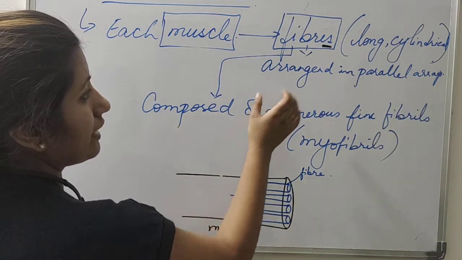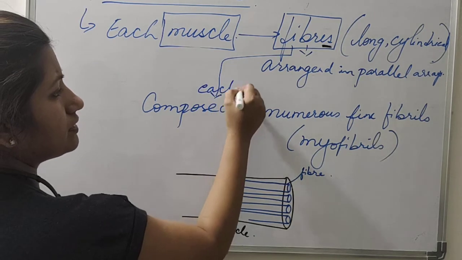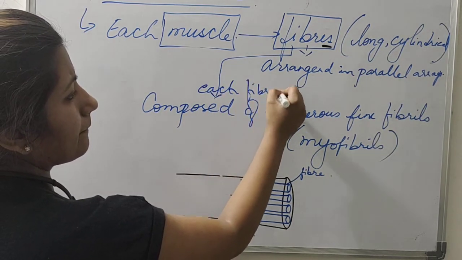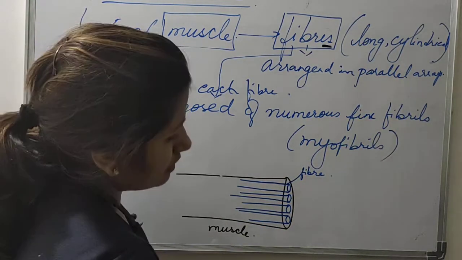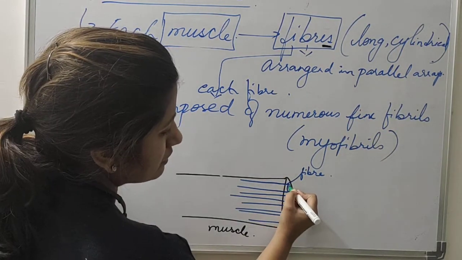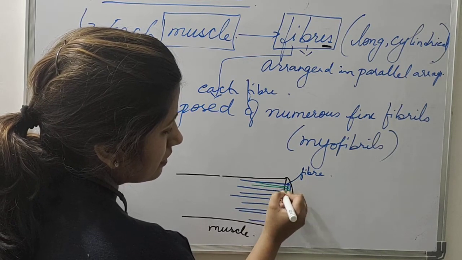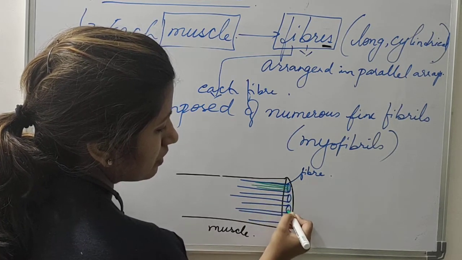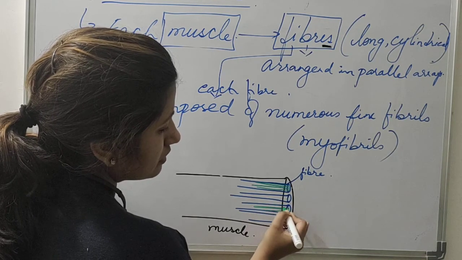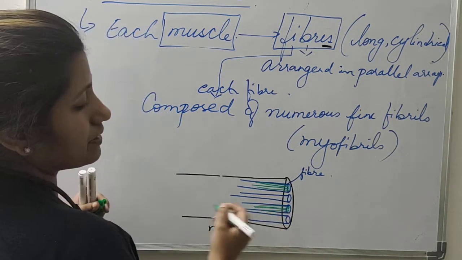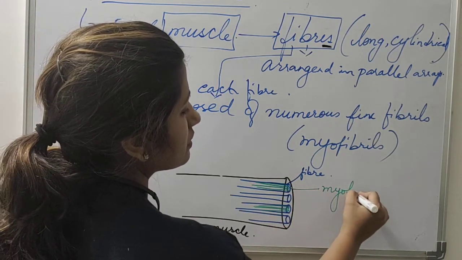And each fiber is composed of numerous fine fibrils. Inside each fiber there are thin fibrils. So what are these thin fibrils known as? Myofibrils.